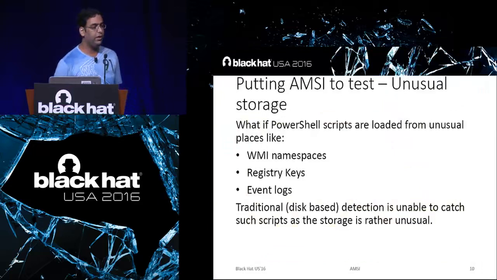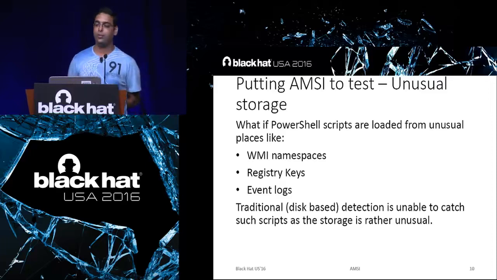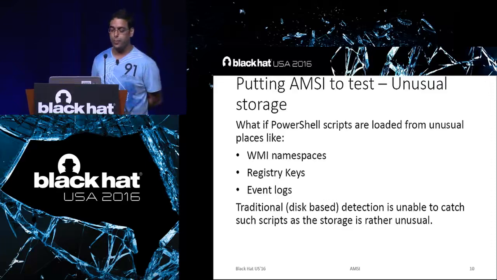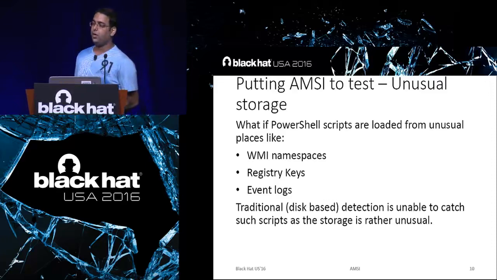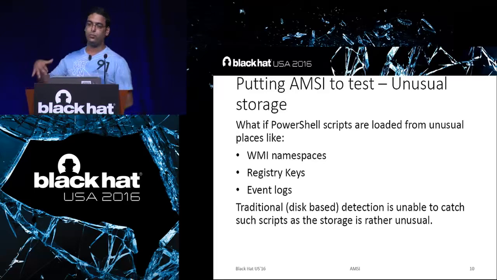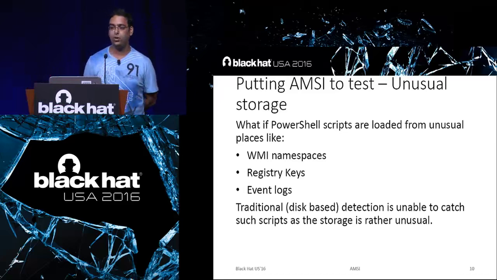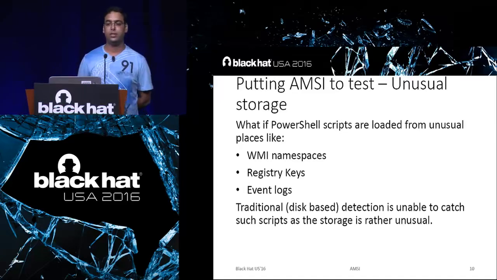So this was a really lame execution. Just from an interactive console, we tried to execute a script, and that was caught. What if PowerShell scripts are loaded from unusual places like WMI namespaces? You can save scripts in WMI namespaces or registry keys. Or what if you load scripts from event logs, storing a script in chunks in event logs, loading it back and executing it.